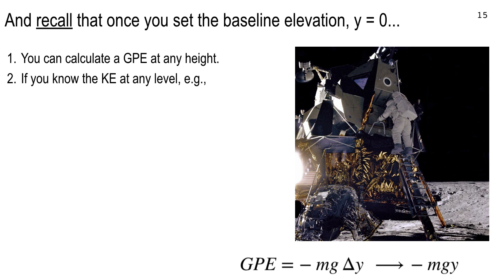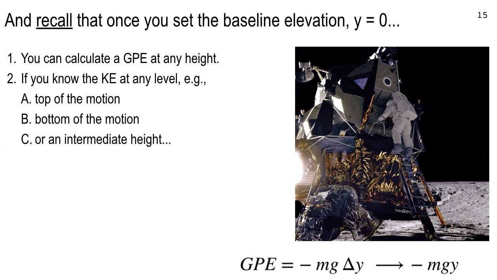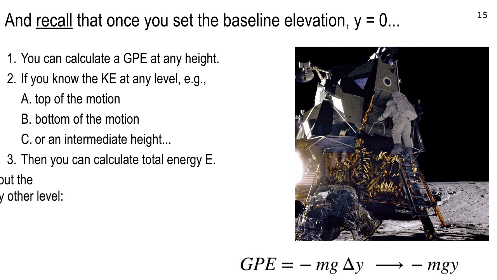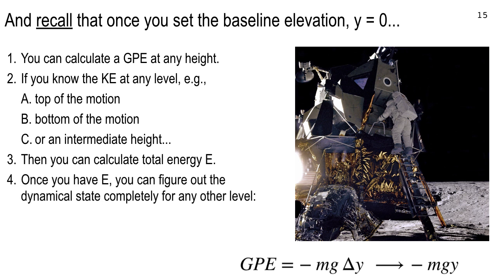So anyways, you can calculate GPE, and if you know the kinetic energy at any level, for instance the top of the motion, or the bottom, or any intermediate height, then you can figure out the total mechanical energy, E. Once you have E, you can figure out everything at any level, because you can put ditto marks all the way down and all the way up that column.